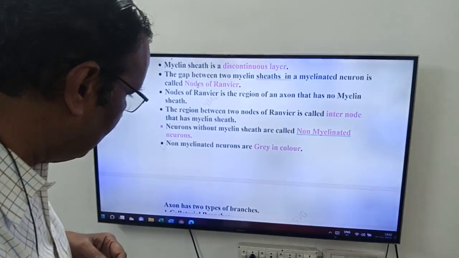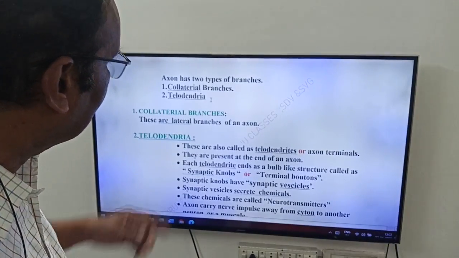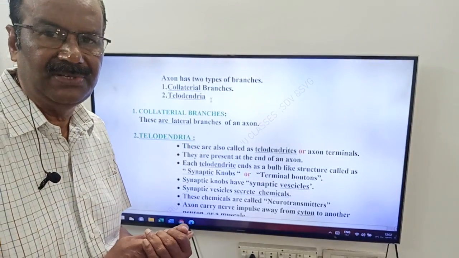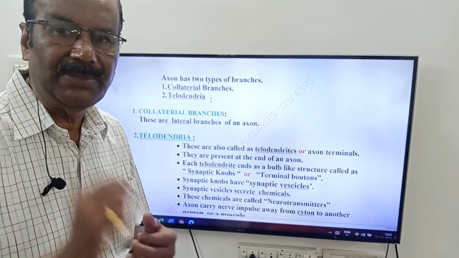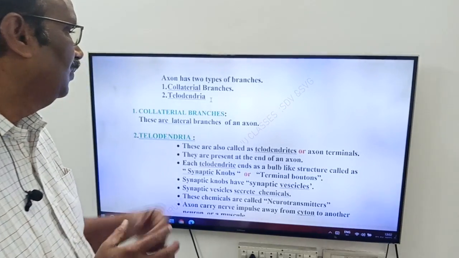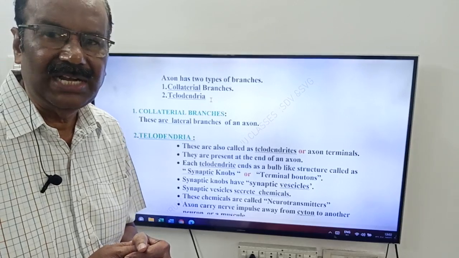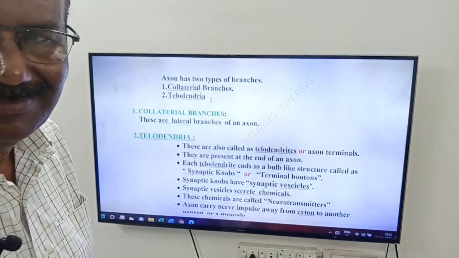Now see, friends, the axon has two types of branches. One is collateral branches, the second is telodendria.